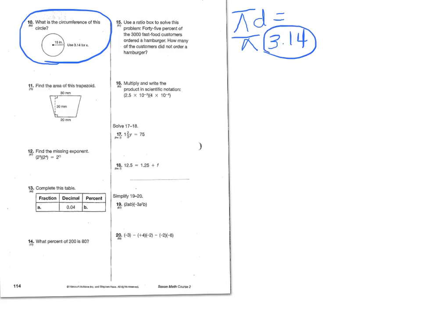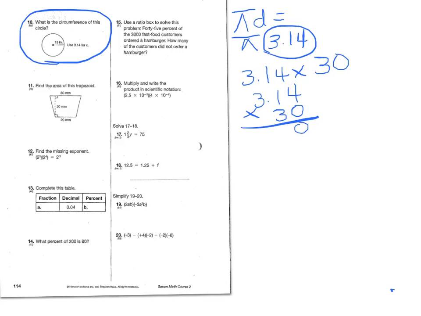So it is 3.14 times d. The radius is 15, so the diameter is really 30, because it's twice the radius. So you're going to take 3.14 times 30.